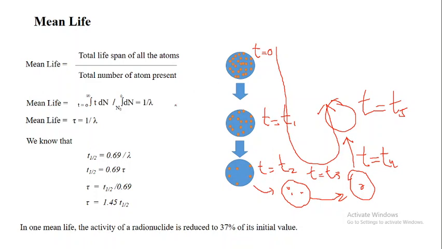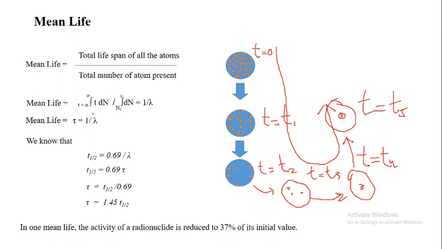At this time there are 0 radionuclides. So how much time was taken for the disintegration process when the radionuclides go to 0, divided by the total number of atoms, is equal to 1 by lambda.